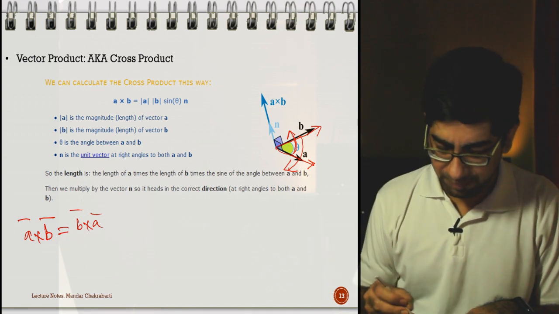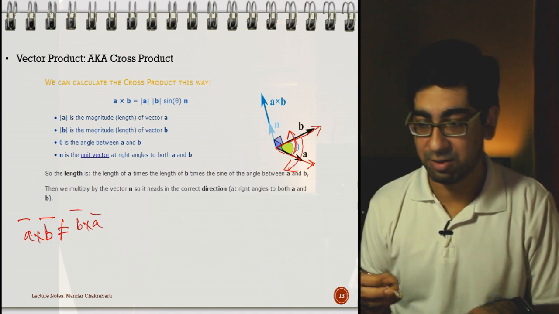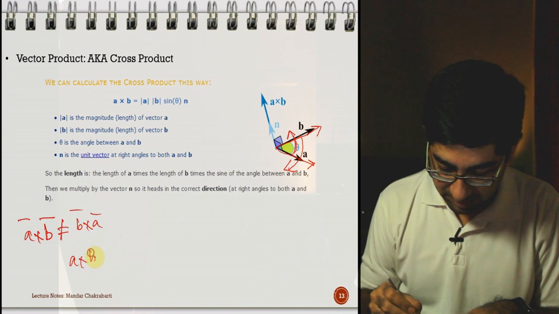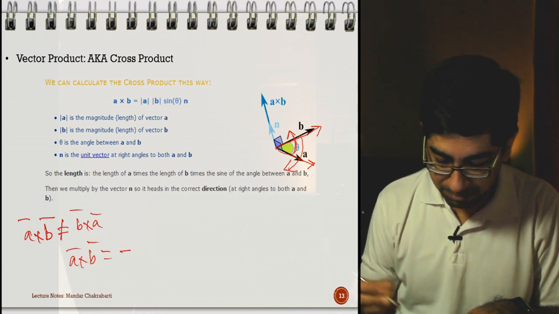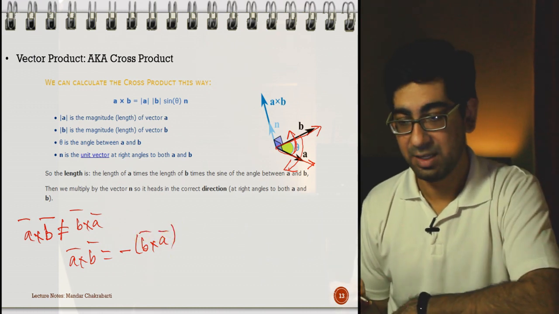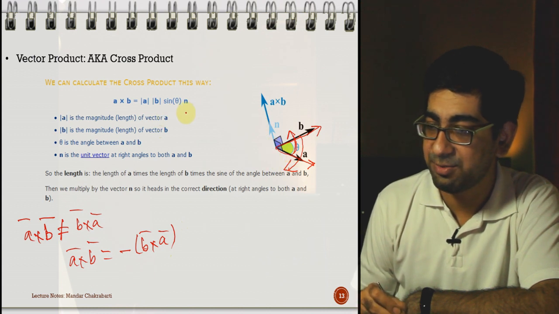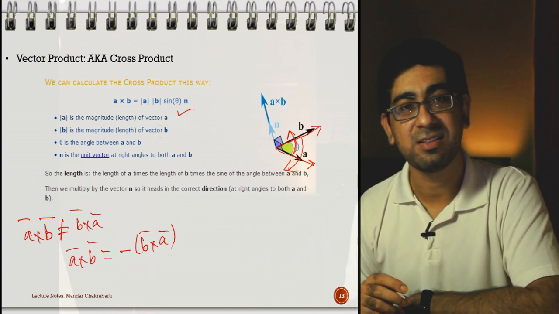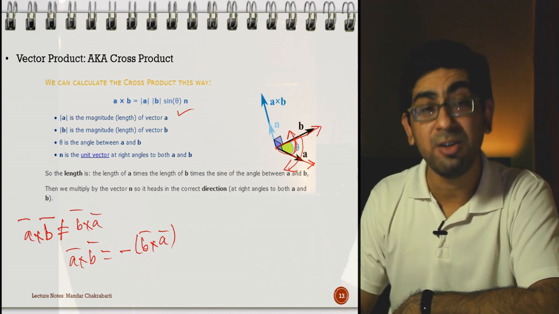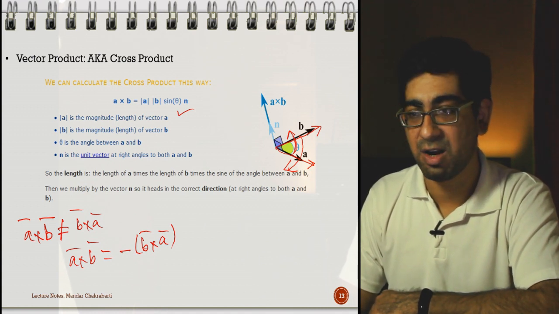Anyway, A cross B is not equal to B cross A. Ideally, A cross B is going to be minus B cross A. Okay. And when we consider these two angles, we consider the sine of the angle between these two vectors. Now, the second method in which we can calculate cross products.